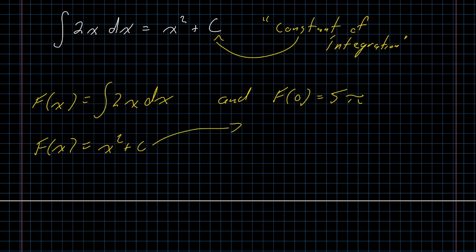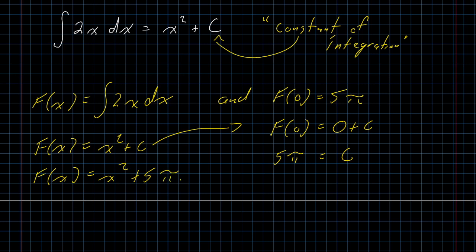But if I take that and I plug it in to my condition, f of 0 is going to be 0 plus c. F of 0, I just said, is 5 pi. 0 plus c is just c. So now I know which particular constant of integration is useful. F of x is equal to x squared plus 5 pi.